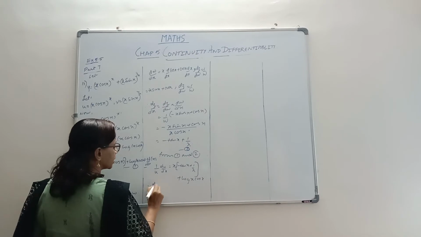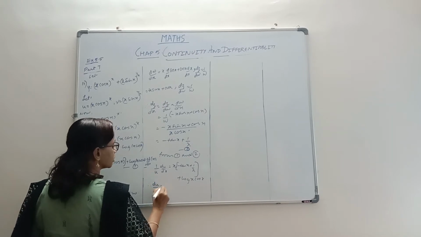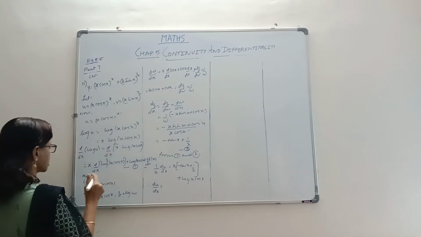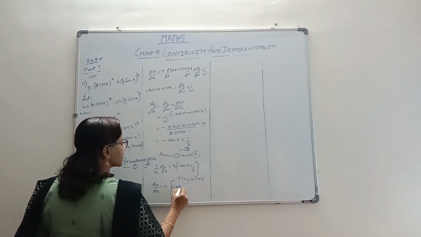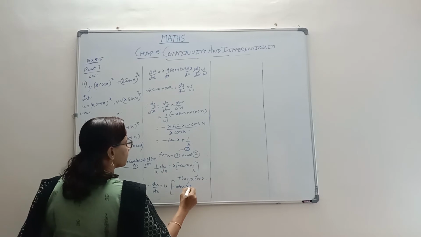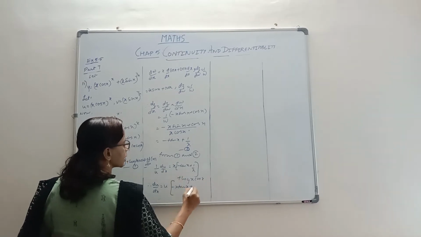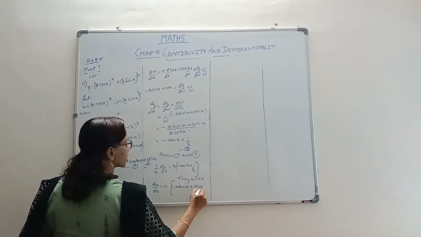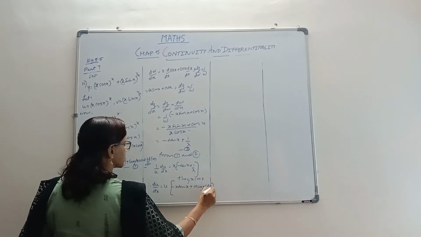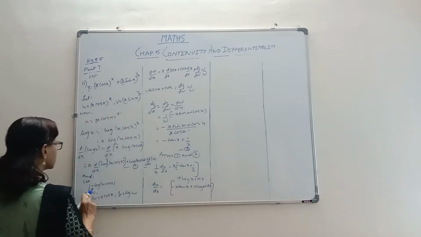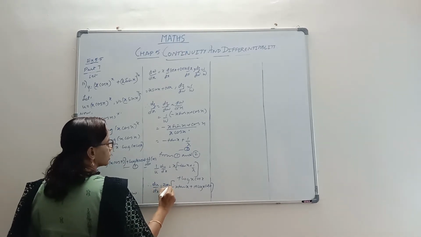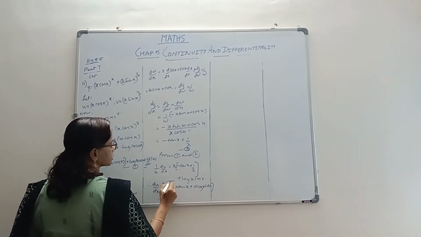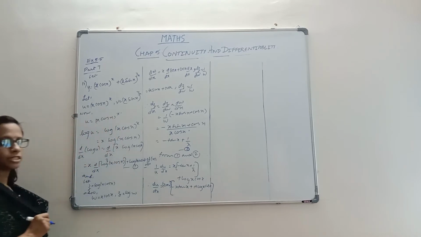Now du by dx, when you solve it, the u comes on the other side, so it is u times, we'll sort it out later, (minus x tan x plus 1 when you take it inside, plus log(x cos x)). That's it. And you can revert back. The reverted back u is (x cos x) raised to x.